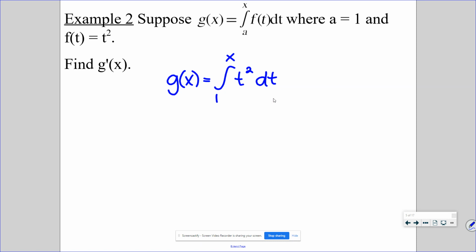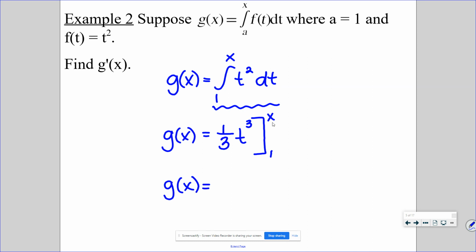Well, in order to find G prime of X, we need to know what this side is equal to first. So we're going to compute. Okay, remember to antiderive, you're going to add 1 to the power, divide by the power. So that would end up being 1/3 t squared, or not t squared, goodness, t to the third. And we are evaluating this from 1 to x.